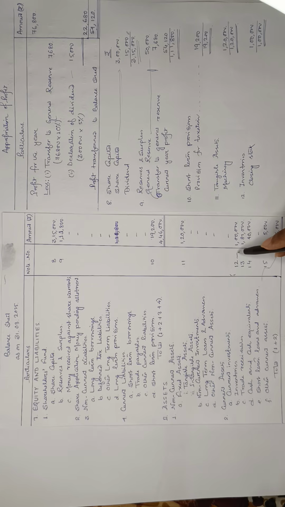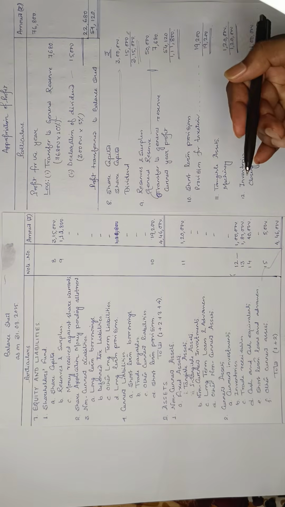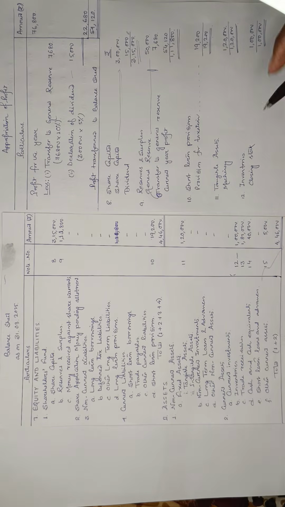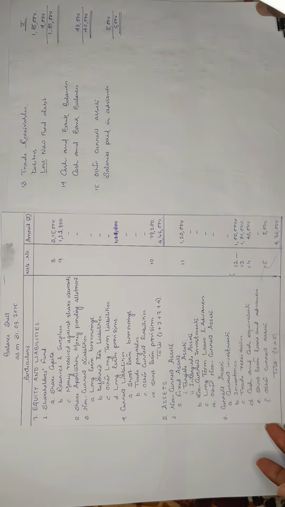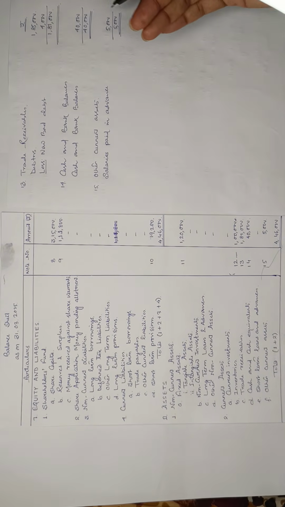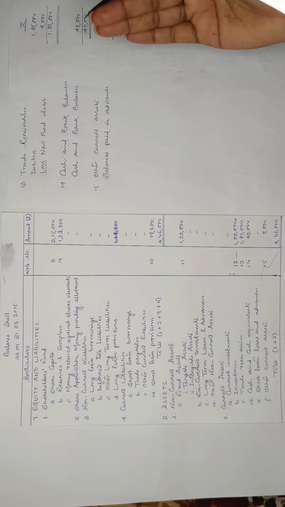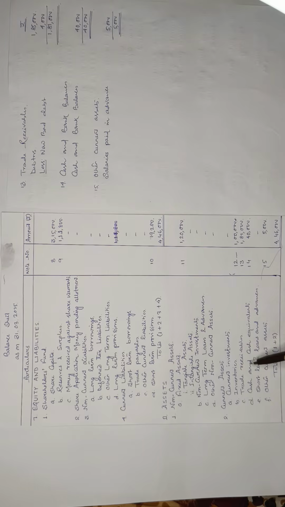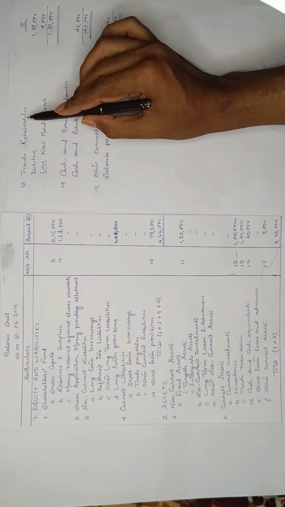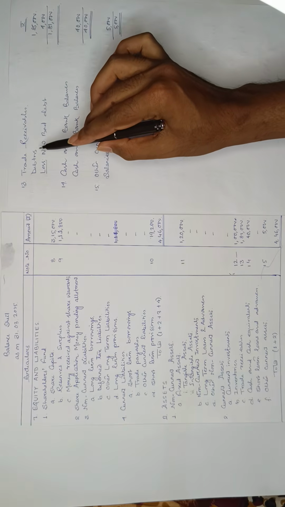Inventories: this is my closing inventory. So closing inventory of 1 lakh is there. I've just flipped the page because I've written note number 30 on another page, but that is okay. Now coming to trade receivables. If you see trade receivables, you have debtors.